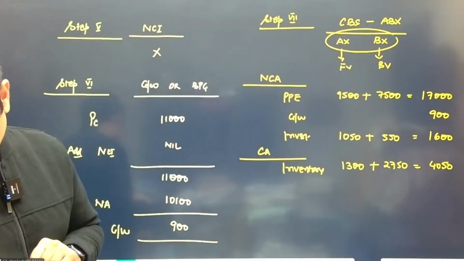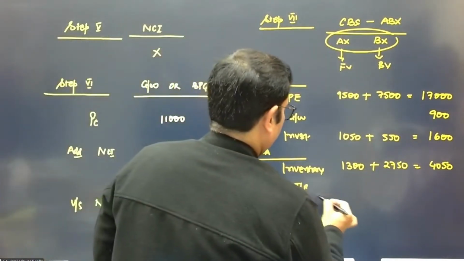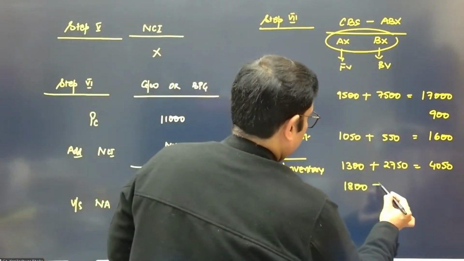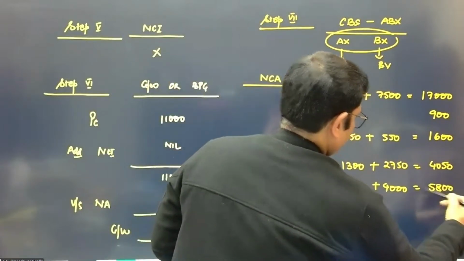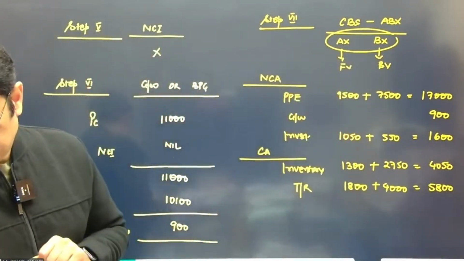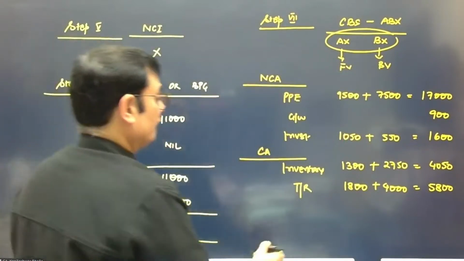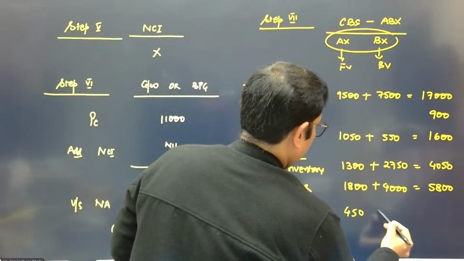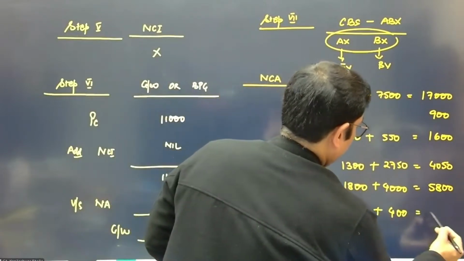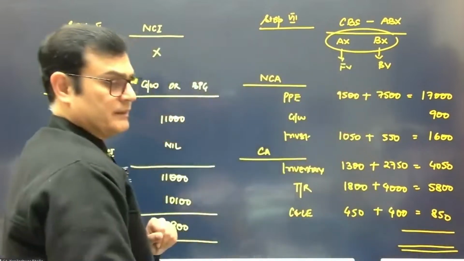And then we've got the trade receivables, 1,800 plus 4,000, which makes 5,800. And then there is cash and cash equivalents, 450 and 400. 450 plus 400 makes 850. So this is the asset side of the balance sheet.